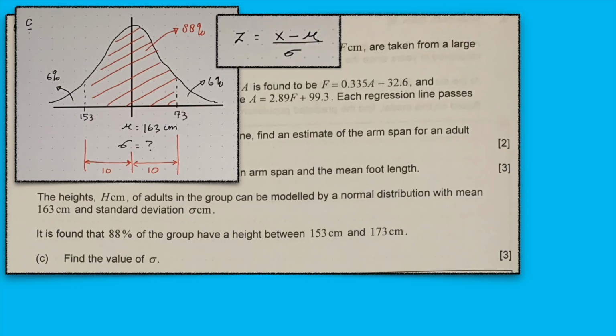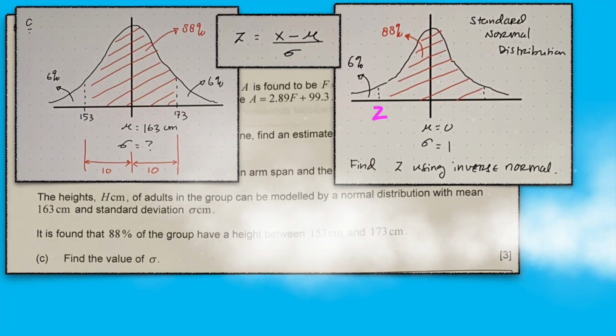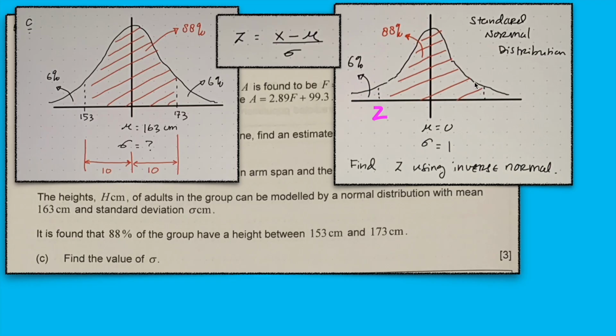We sketch a similar bell curve, only this time we consider this as the standard normal distribution. So we don't use these x values, but we use the z-score. The mean is 0 and the standard deviation is 1 for standard normal distribution. The area remained the same, 88%. So to find the z-score related to that x value, we can use inverse normal. Or you can choose 173 as the value of x if you want to.